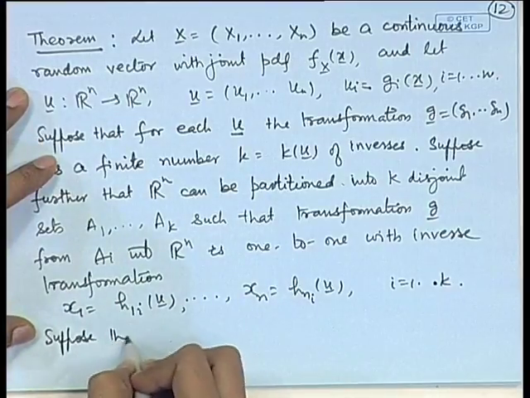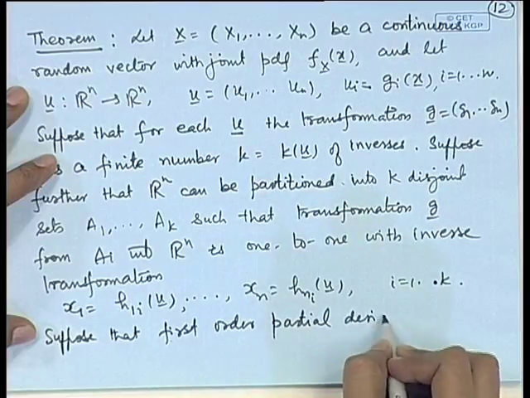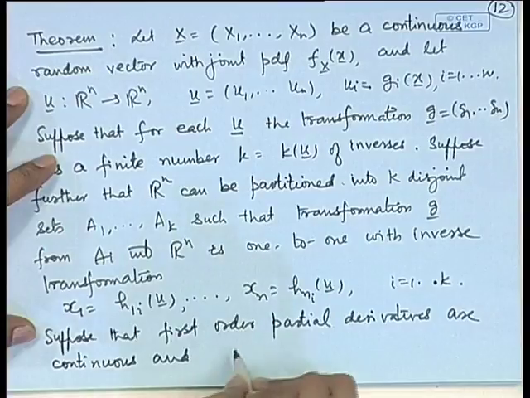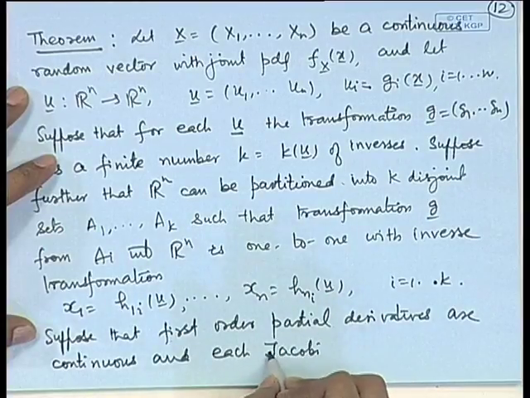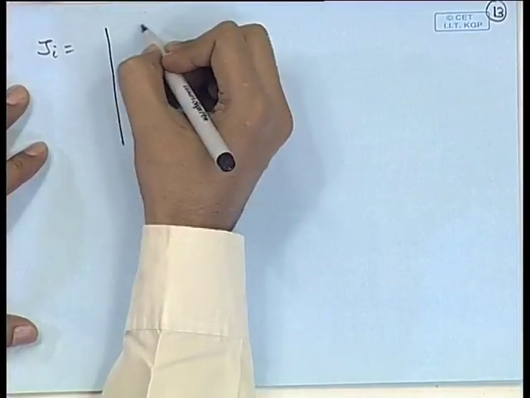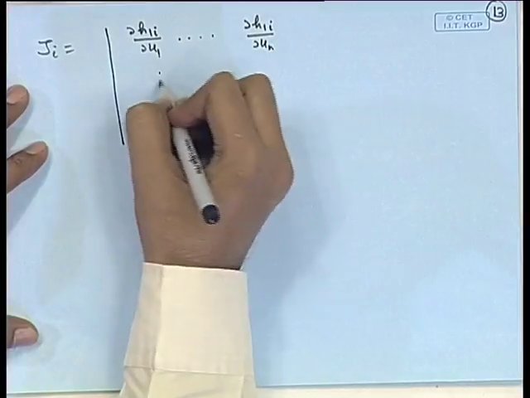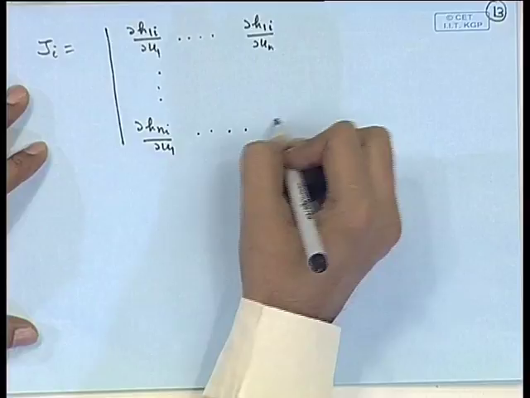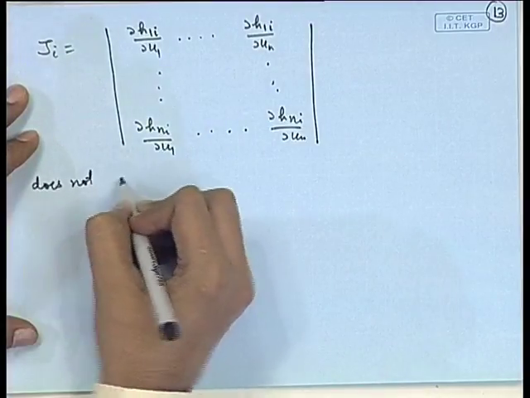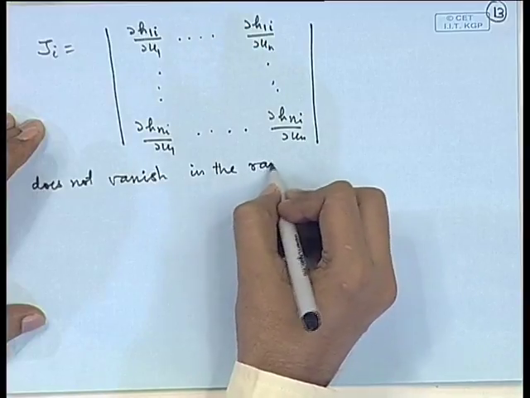Suppose that first order partial derivatives are continuous and each Jacobian, that is Ji, that is del h1i by del u1 and so on, del h1i over del un and so on, del hni over del u1 and so on, del hni over del un, does not vanish in the range of transformations.